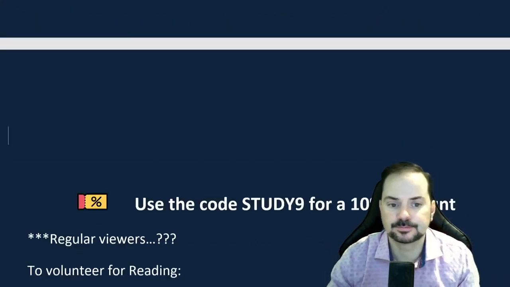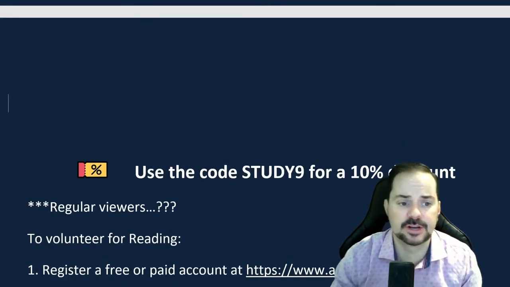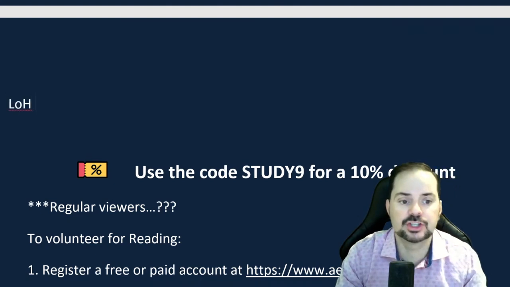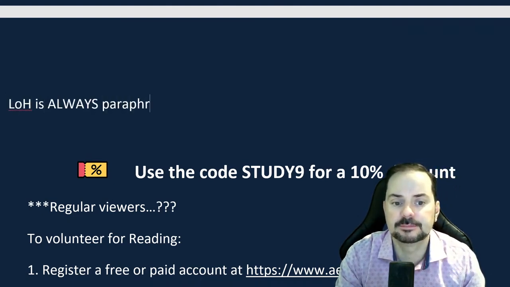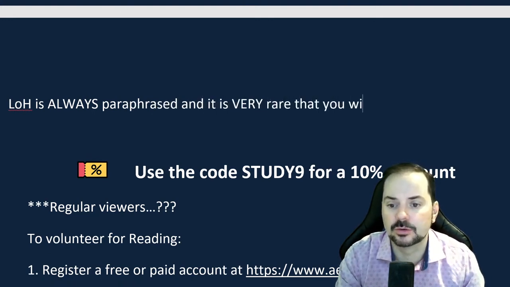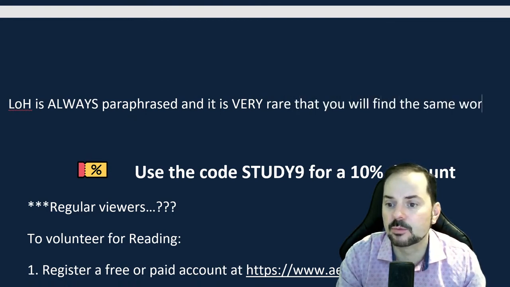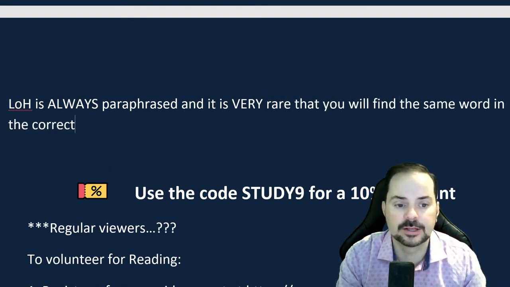LOH is basically always paraphrased, okay? So LOH is always paraphrased, and it is very rare that you will find the same word in the correct LOH as in the paragraph.